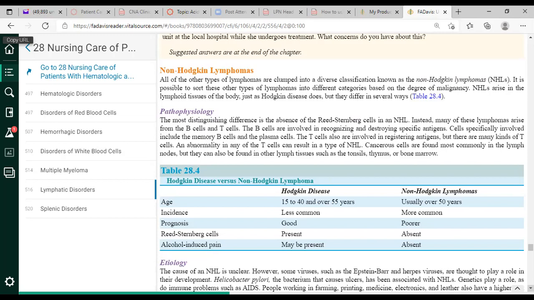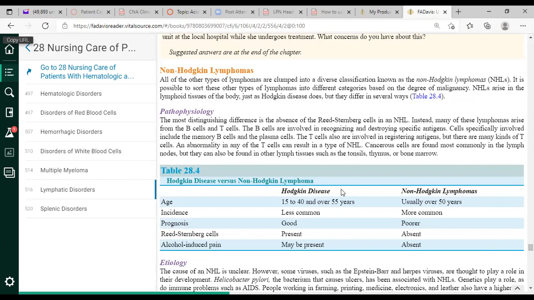Non-Hodgkin lymphoma is common in middle age and older adults. The individual will present with enlarged nodes, and typically a biopsy will actually be used to confirm the disease. And treatment revolves around chemotherapy, radiation, as well as surgery.